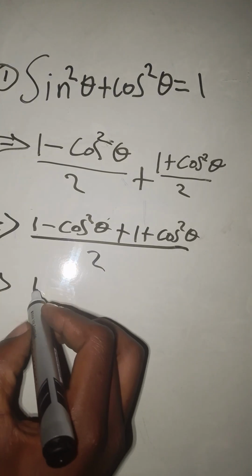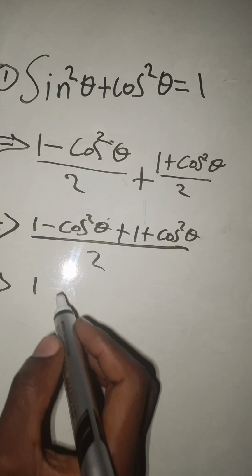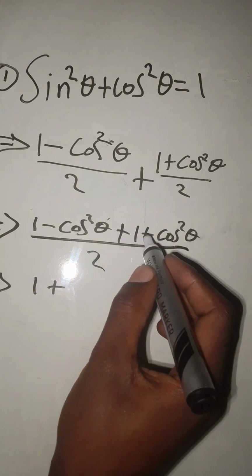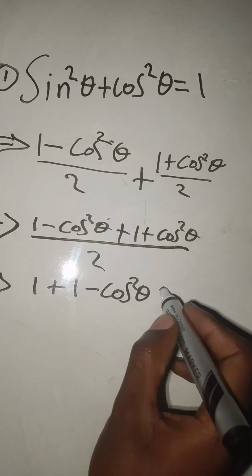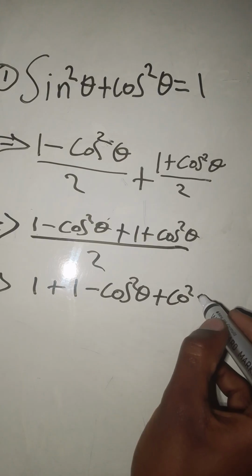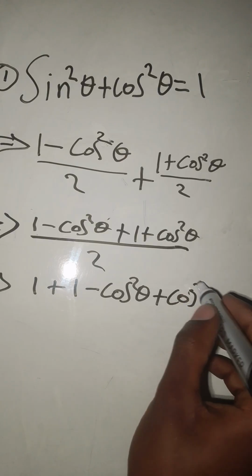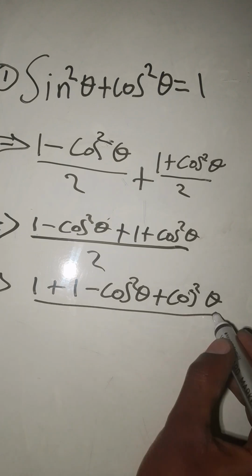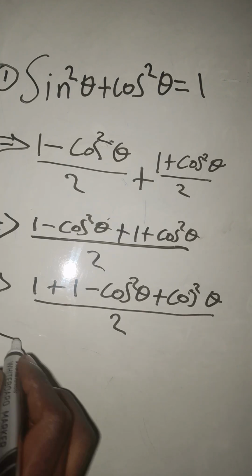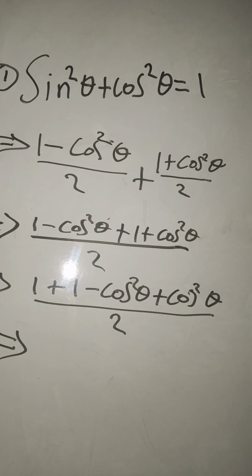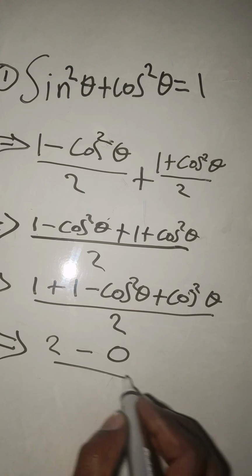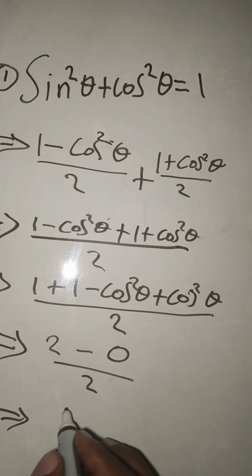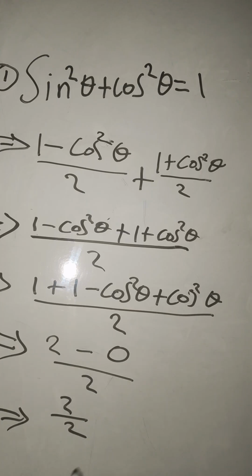So we have 1 plus 1, then minus cos 2 theta plus cos 2 theta, divided by 2. So this is going to give us 2 minus 0 over 2. This is equal to 2 over 2, which is going to give us 1.